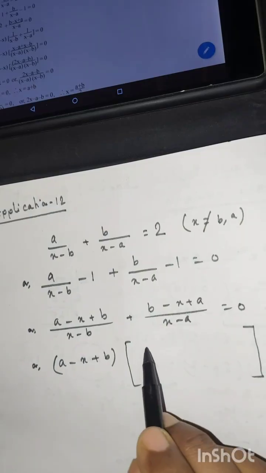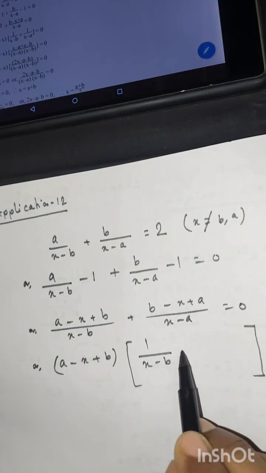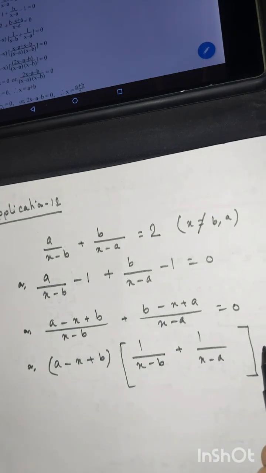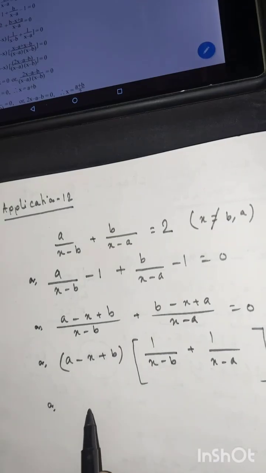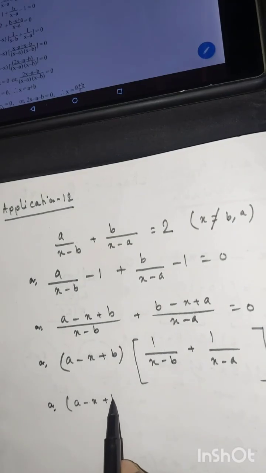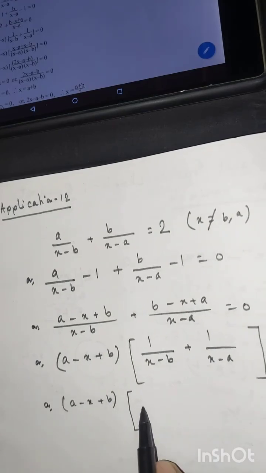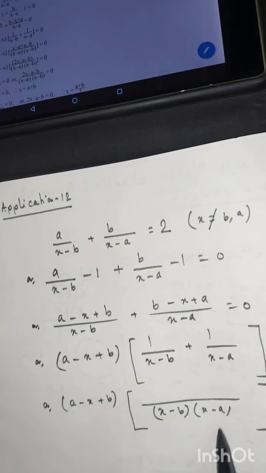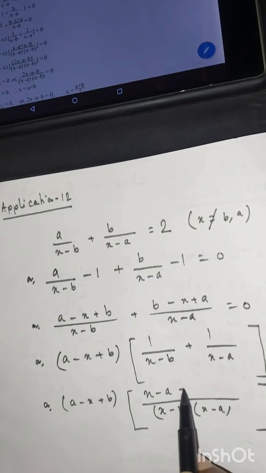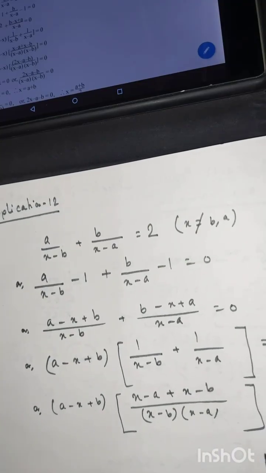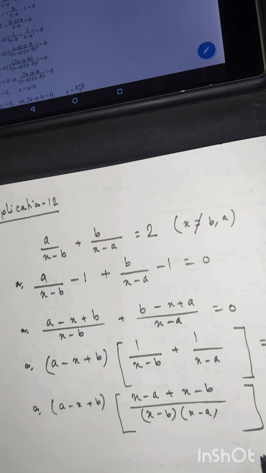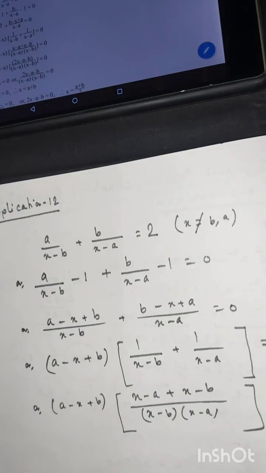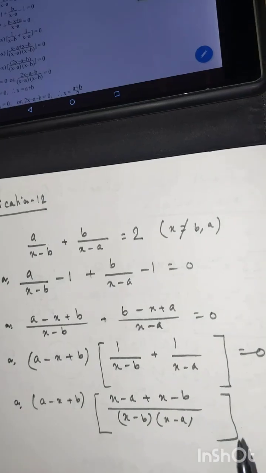So within bracket we have, or now if we do LCM, it becomes x minus b, x minus a, and x minus a plus x minus b. Okay. Equal to 0.